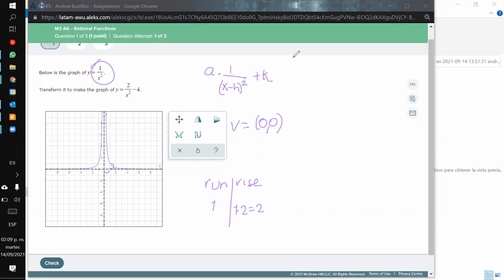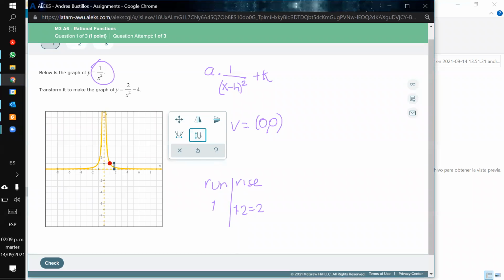So let's go ahead and apply this transformation. To do that, we're going to use this tool. So this tool, what does it do? It identifies the first run-rise point, and we're going to modify it. Starting from the vertex here, you know that if you run 1 to the right, the original pattern was to move 1 upwards.